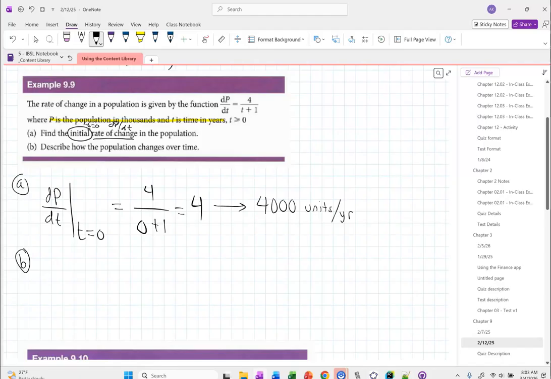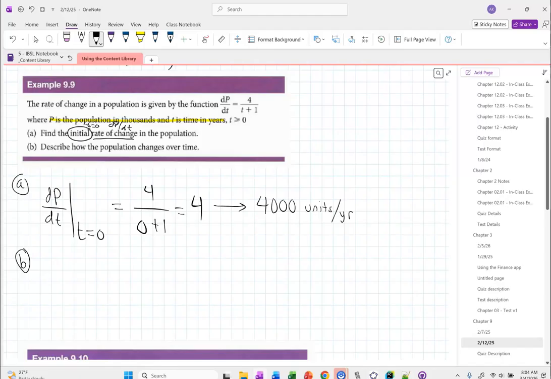So part B says, describe how the population changes over time. I want to describe what the graph of P would look like. Now the only tool I have is its derivative, right?